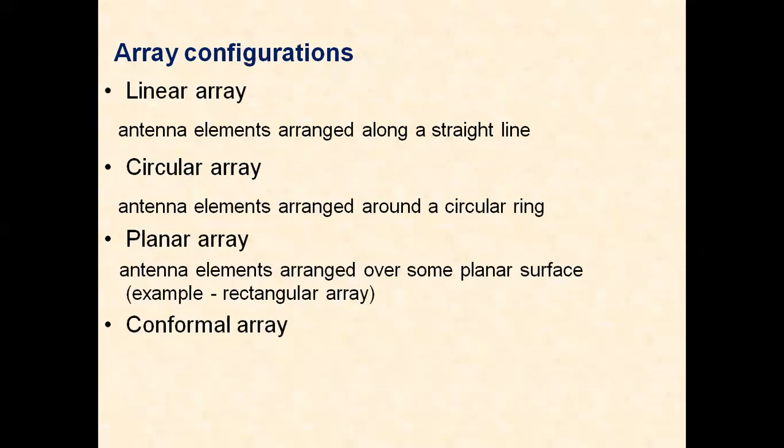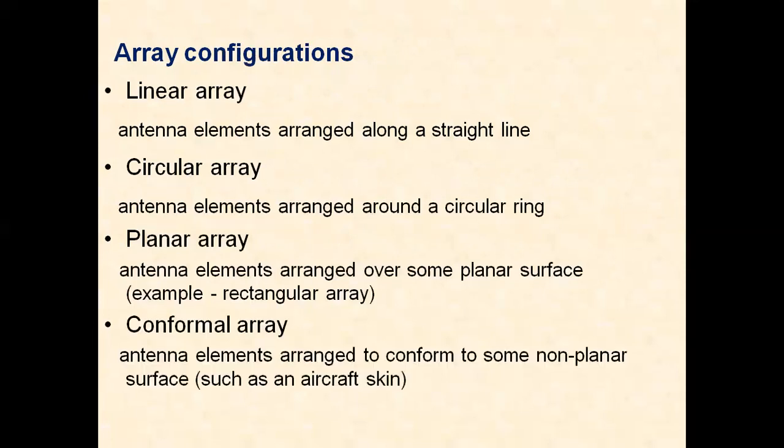And we have the conformal array: antenna elements are arranged to conform to some non-planar surface, such as aircraft skin. So we are providing ground communication with the aircraft. The antennas are arranged to fit the body of the aircraft, and that forms the array elements.